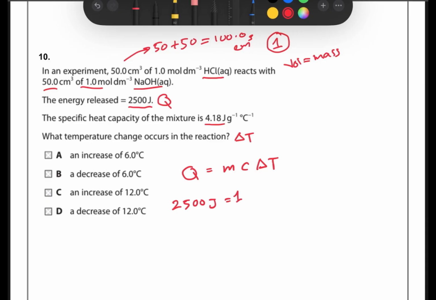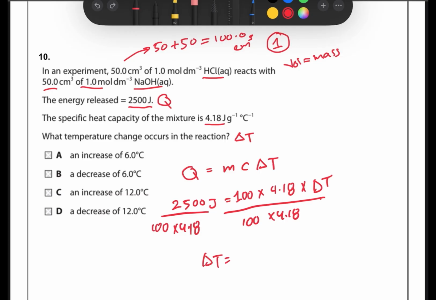The value of c is equal to 4.18, and delta T is the unknown. If we divide by 100 times 4.18, delta T is equal to 5.98 degrees Celsius, which means it's 6.0. The answer could be A or D.